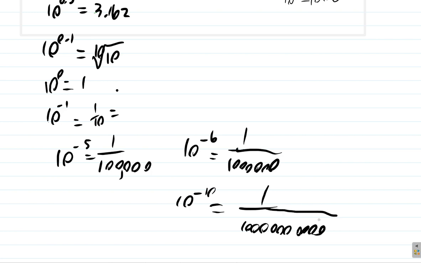So no matter what you do, you cannot reach down to 0. 10 to the negative 100 would be 1 over 1 and 100 zeros. The calculator might show you 0, but it's because we're rounding off. But in truth and in fact, you cannot find the logarithm of 0. Can't do it.